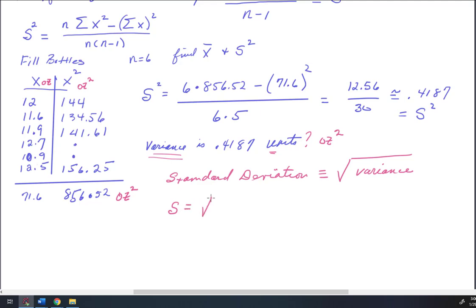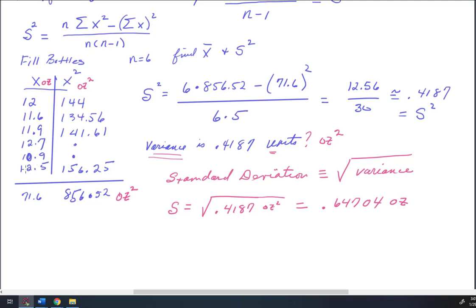In this example, the standard deviation would be the square root of 0.4187, and maybe I'll just put OZ squared on there. And the result would be 0.64704.